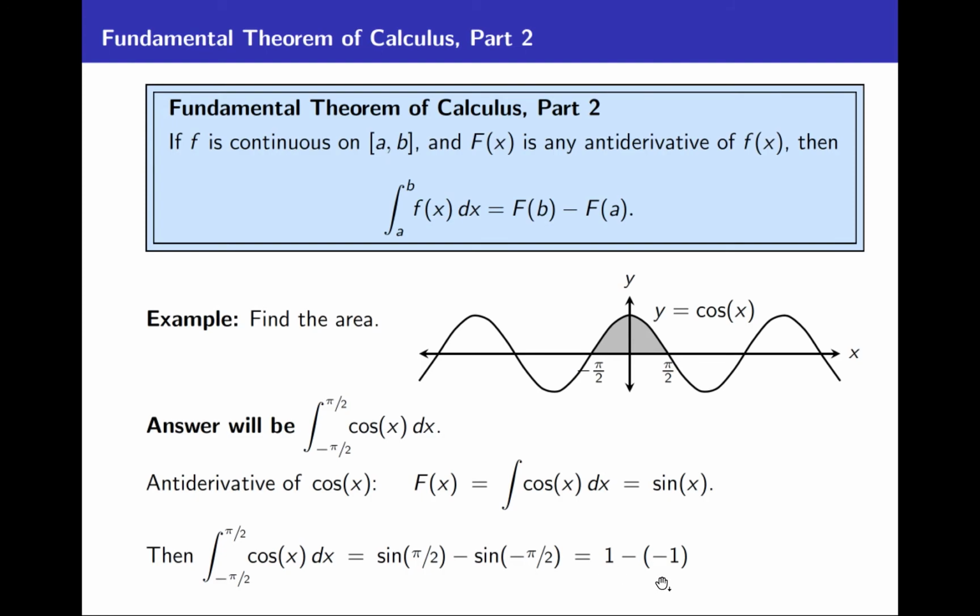And you do the subtraction, and you get an answer of 2. So this shaded area here, remarkably, is 2 square units of area exactly. It's kind of surprising because you'd think that area would involve pi or something like that, but it's exactly 2 square units of area. And it was so simple with the Fundamental Theorem of Calculus, Part 2.